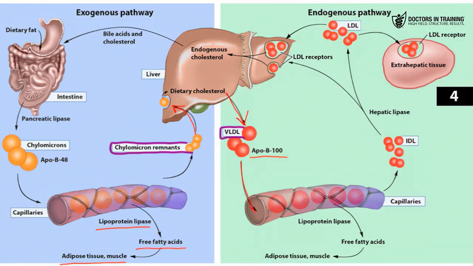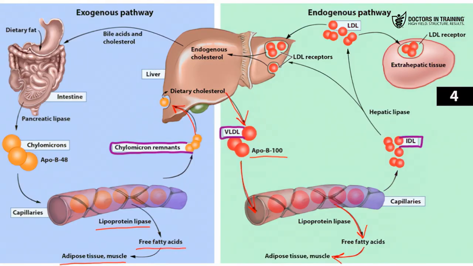Now, as that VLDL goes into the circulation, it is still a very triglyceride-rich particle. It's going to travel through the circulation, again passing by a bunch of cells, adipose cells, muscle cells, all sorts of cells. Just like with the chylomicron, the cells are going to use lipoprotein lipase on that VLDL, and it's going to pull off more fatty acids. As a result, it becomes a smaller particle again. It's going to become an IDL, that intermediate density lipoprotein.